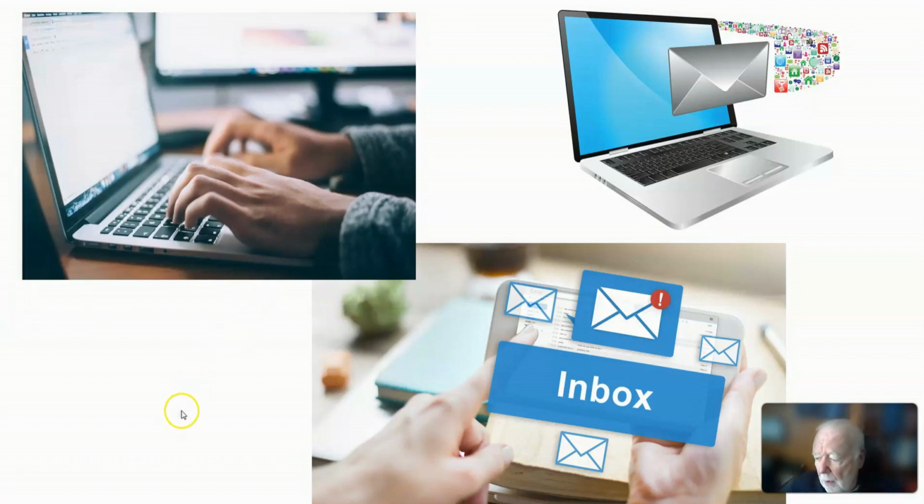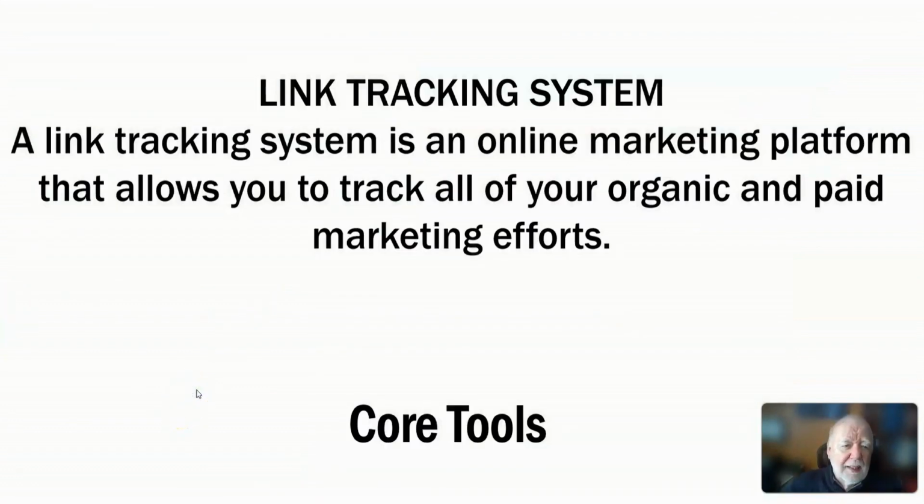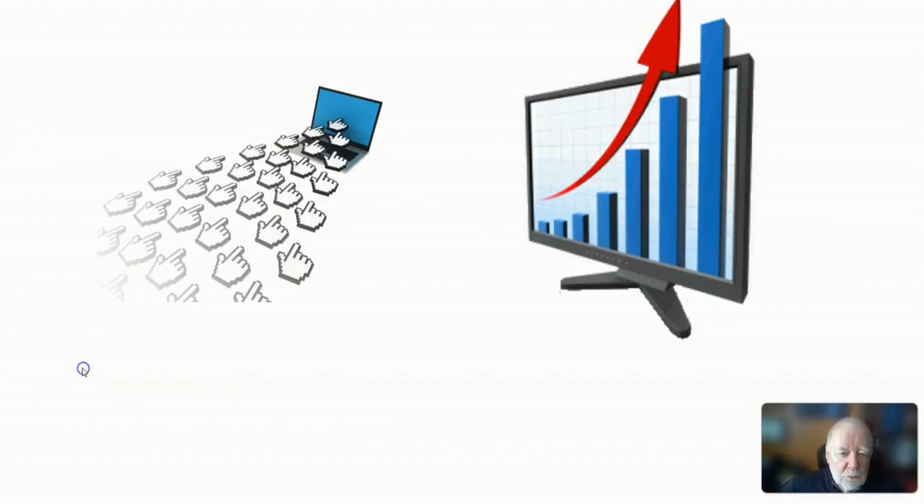Then another tool I want to look at is a link tracking system. As it says here on the screen, a link tracking system is an online marketing platform that allows you to track all of your organic and paid marketing efforts. Simply stated, it tracks your emails and the performance of what you're sending out. So let me show you this graphic here.